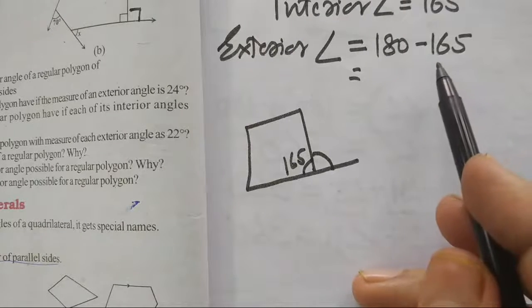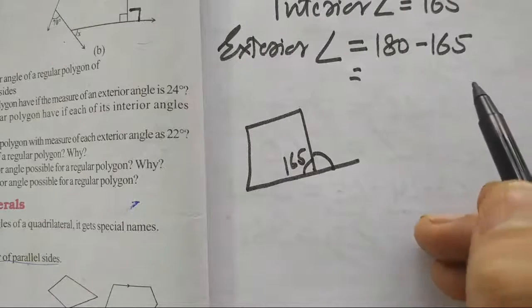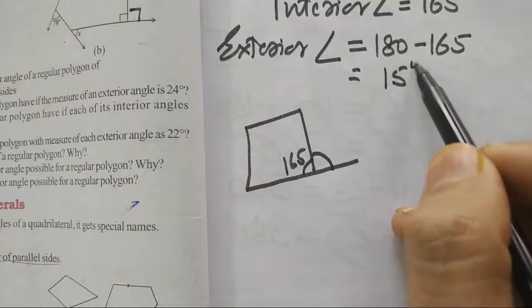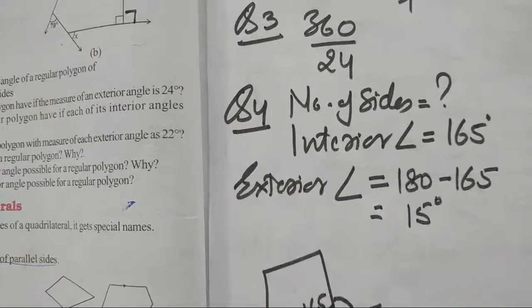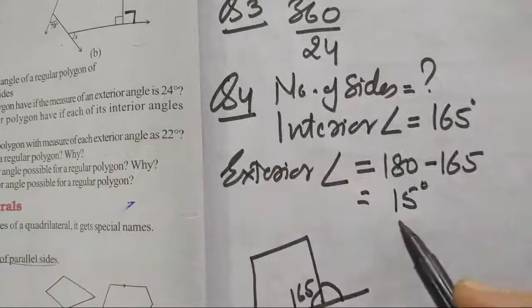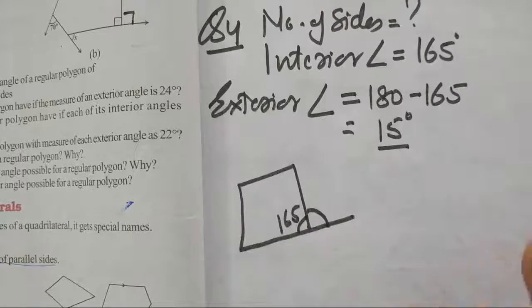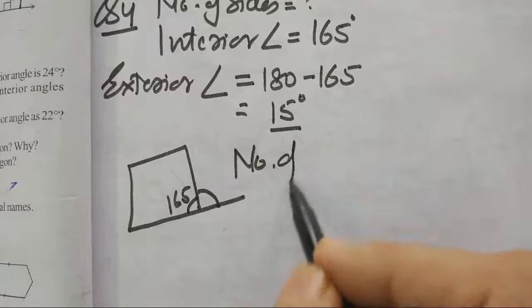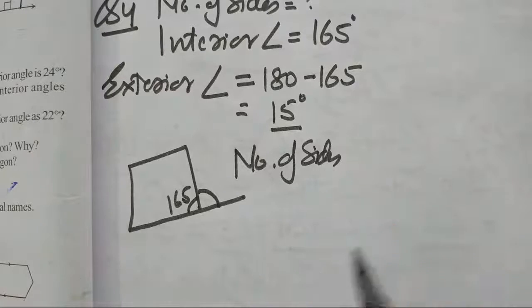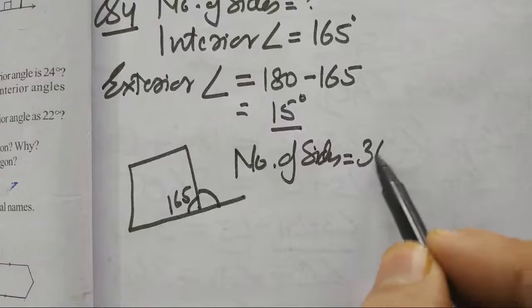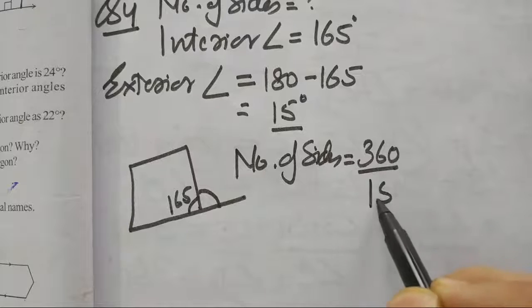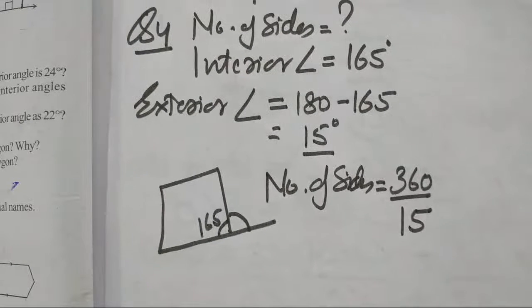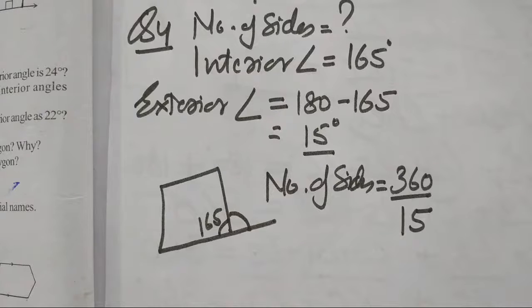So 180 minus 165 will become 15 degrees. So I have got the exterior angle, 15 degrees, and now I can find the number of sides. Number of sides is equal to 360 upon exterior angle. So whenever you are using any property, you should always write the property: 360 upon 15.